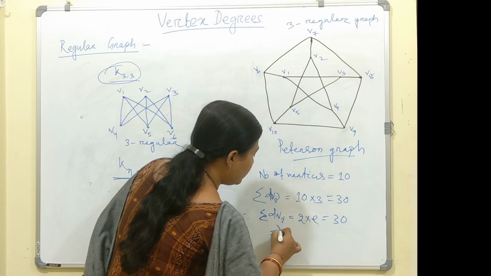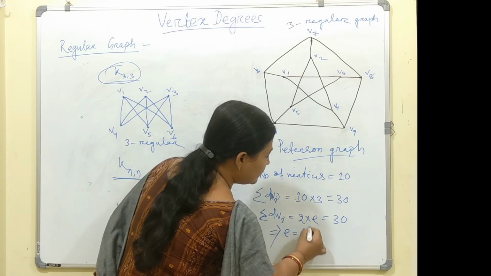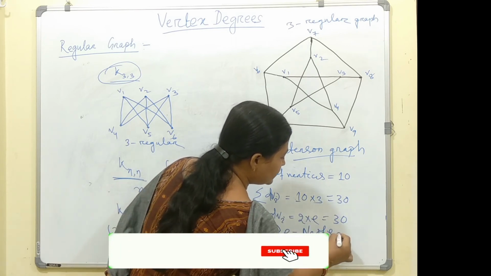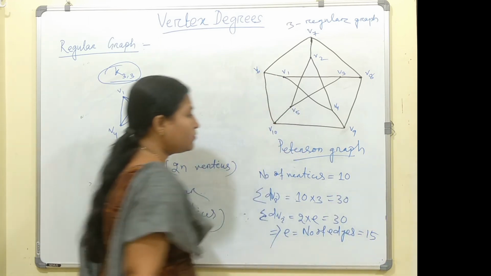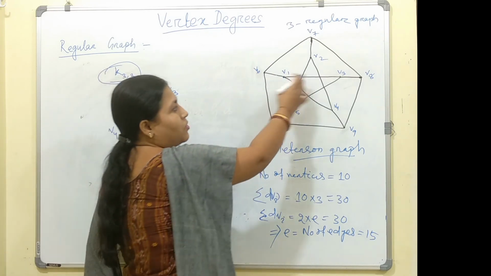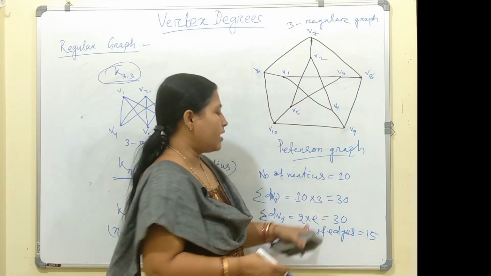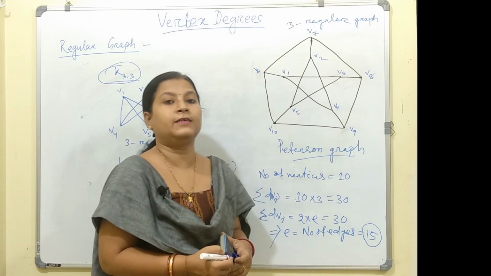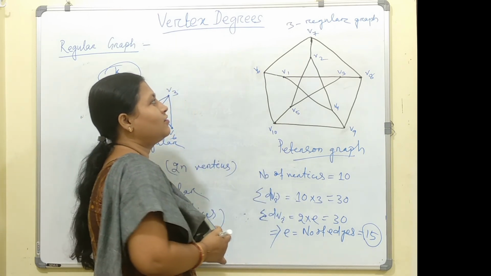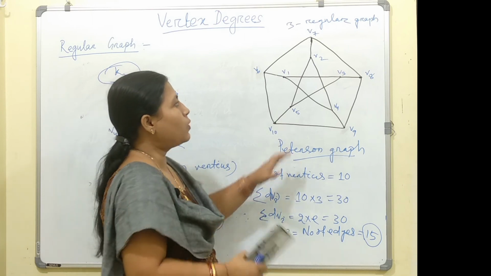So the number of edges is equal to 15. Count the edges and you can see that there are 15. It looks so beautiful.